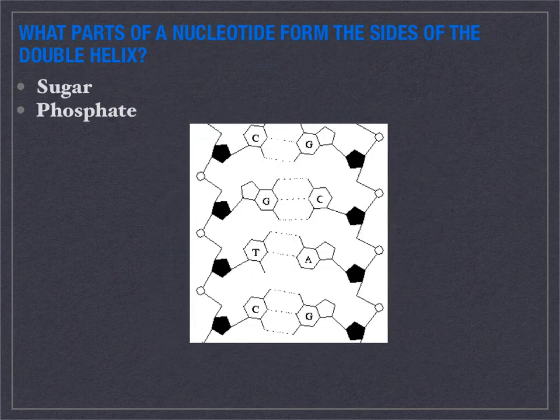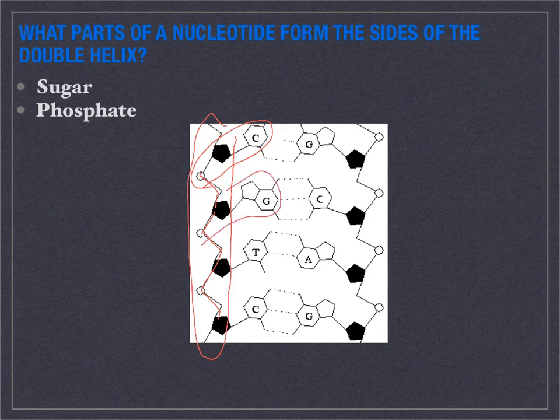Okay, the parts of the nucleotide that make up the sides or the outer rails of the ladder is this sugar phosphate backbone. Again, it's a phosphate covalently bonded to a sugar, sugar covalently bonded to phosphate, sugar, phosphate. Okay, and then these sugars covalently bond to the appropriate base that makes up the nucleotide. Because remember, each nucleotide is composed of a phosphate, sugar, and base, right?